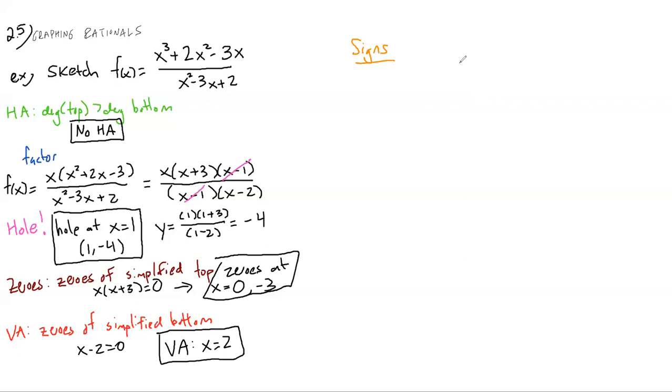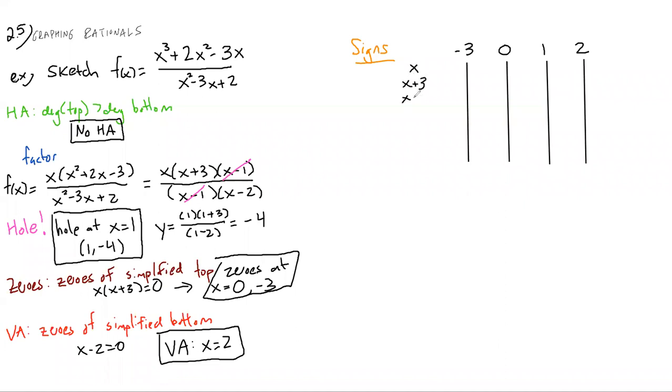So let's say we put in the minus 3, 0, 1, and 2. I might need a little bit of extra space here because I'm going to have x minus 1 written twice. And so I've got x, x plus 3, x minus 1, x minus 1, and x minus 2.